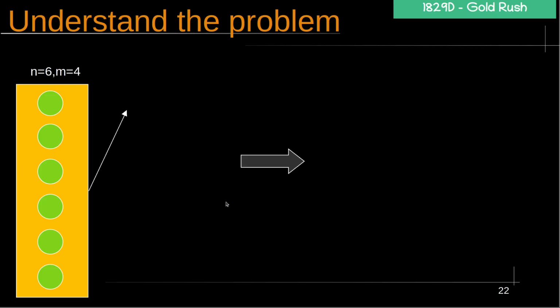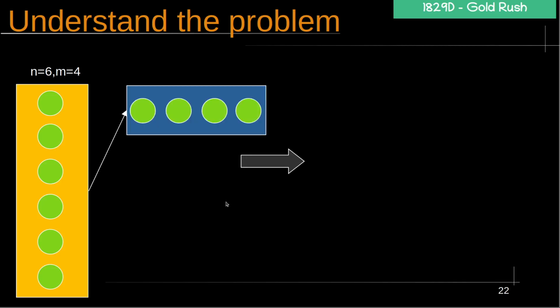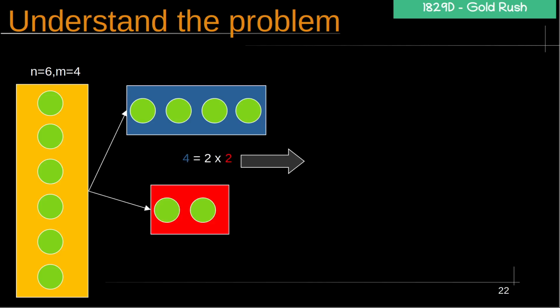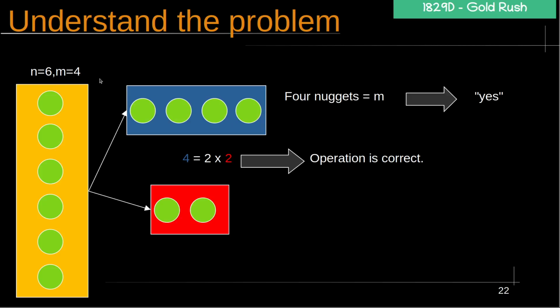We can split this pile of 6 into a pile of 4 and a pile of 2. Since 4 is equal to 2 times 2, this is a valid operation. And we have 4 nuggets here, which is equal to m, as you see. So we can return yes.